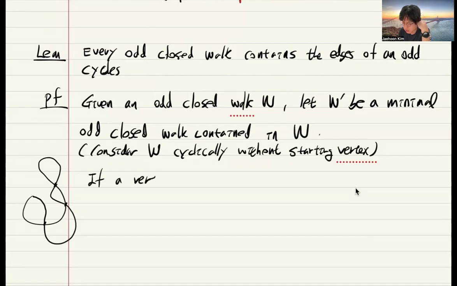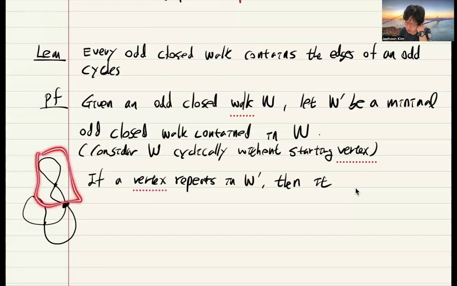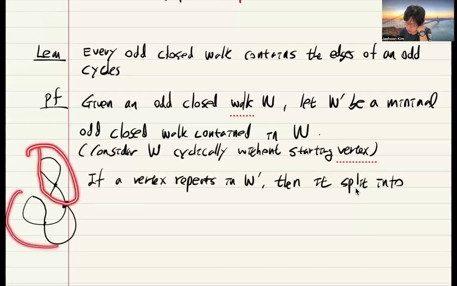And if a vertex repeats in this W prime, then what do we know? This splits the walk into, say, this part and this part. And once it's split, the length of this part plus the length of this part is the length of the entire one. And the length of the entire one is odd.